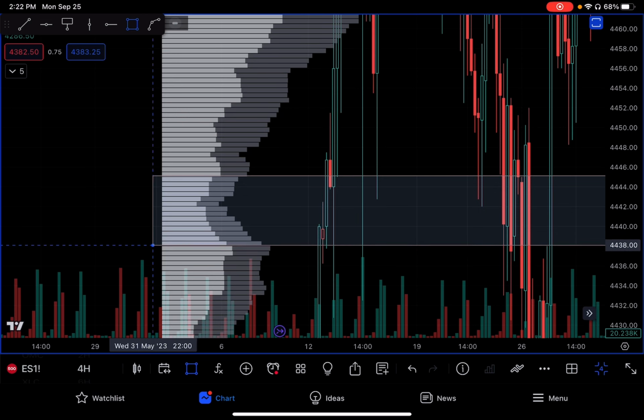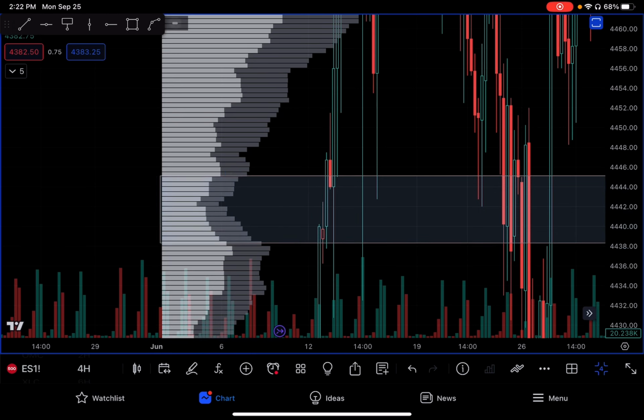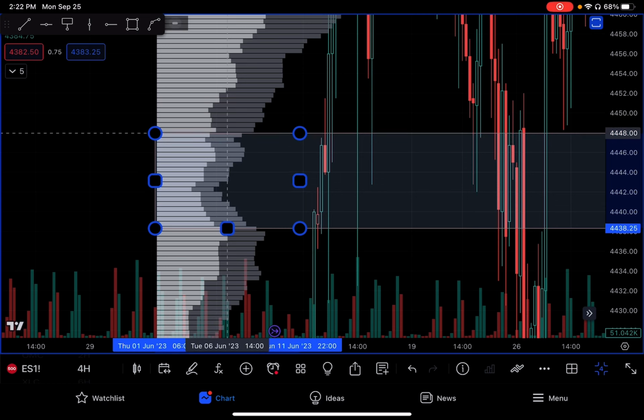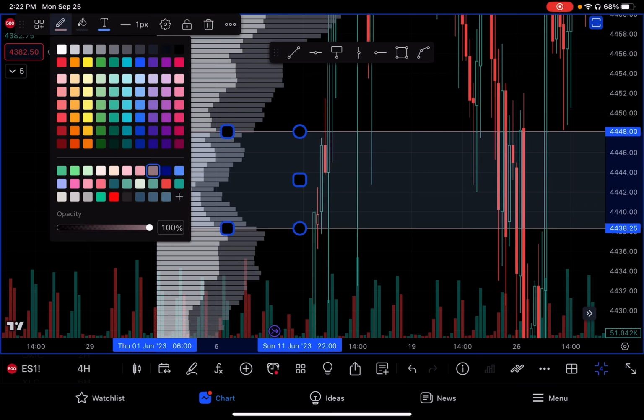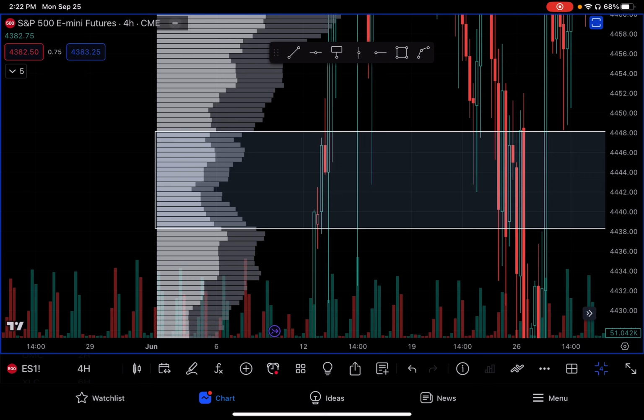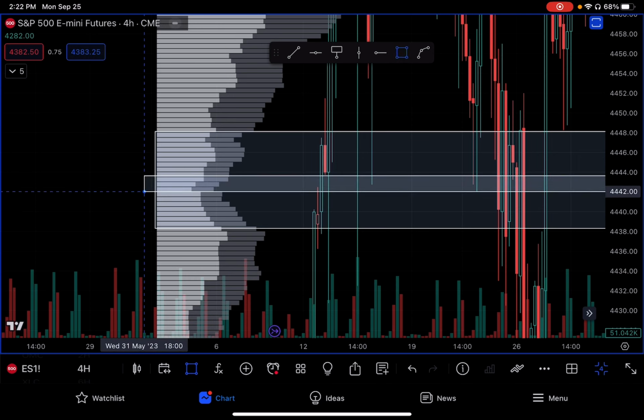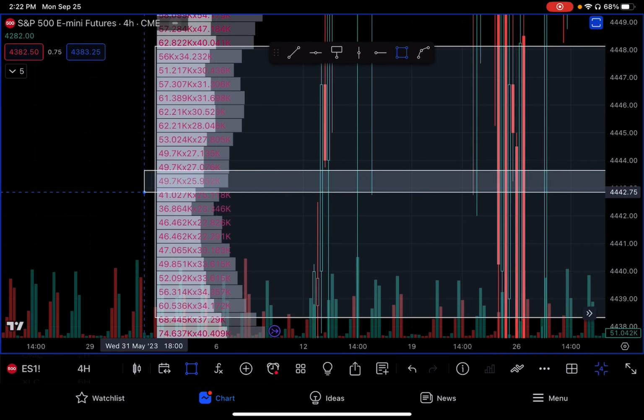Okay, so we look like we go from about here to here, but then I have two smaller LVNs, right? The deeper parts right here and here. And since these are in value, I like to make them a different color. So I'm going to make this one white.